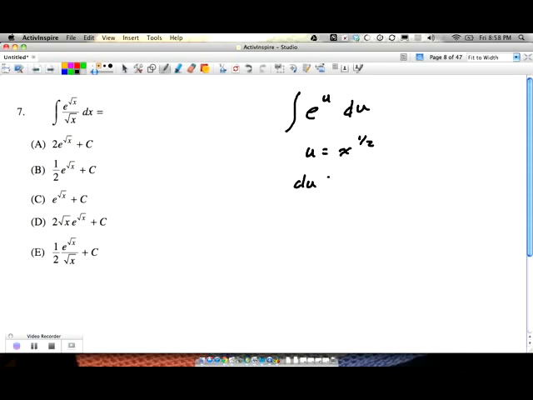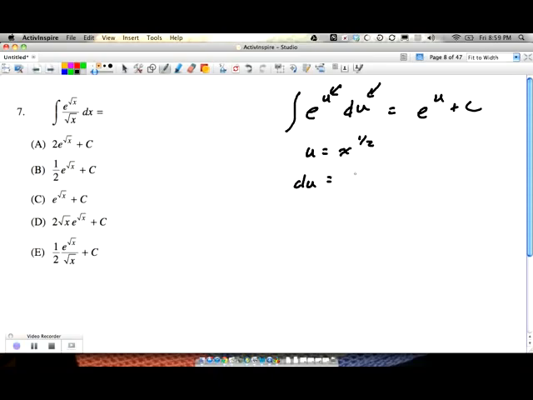The derivative of e to the u du is e to the u plus c, pardon me. What I'm looking for is what's u and du. I need to identify u and make sure that my du is there.